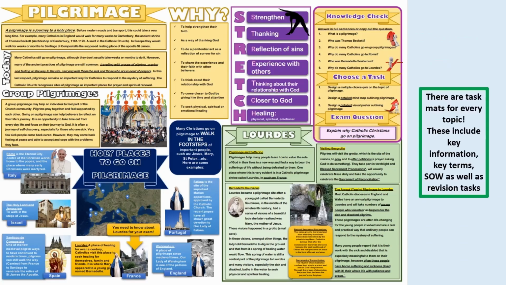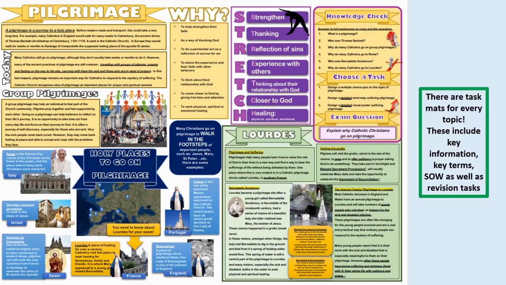And here is just an example of one of those task mats. They really are brilliant. They summarise the topics really clearly. The tasks are varied. So if students find a topic particularly challenging, they can work through the knowledge check first, which is basically like comprehension. So it's short, quick questions which students will be able to answer using the information on that page.